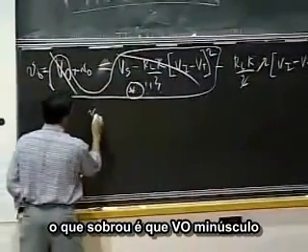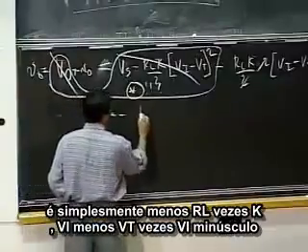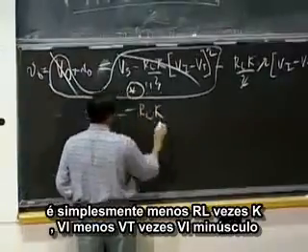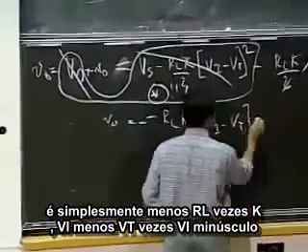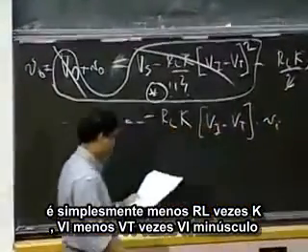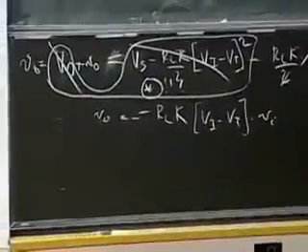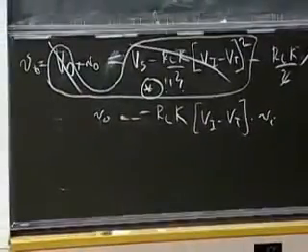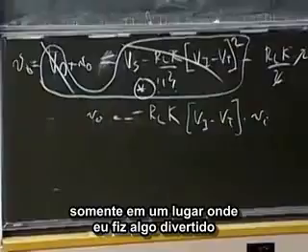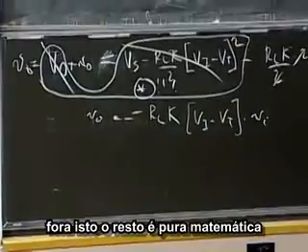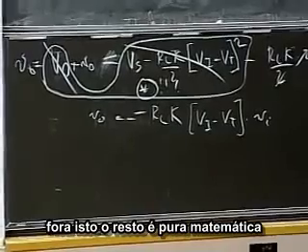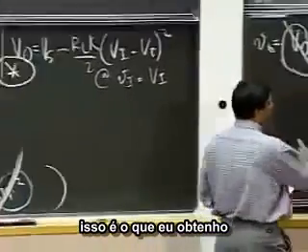What I'm left with is small vo is simply minus RL K (Vi minus Vt) times small vi. Only one place did I do something funny. Other than that, it's purely math. So this is what I get.